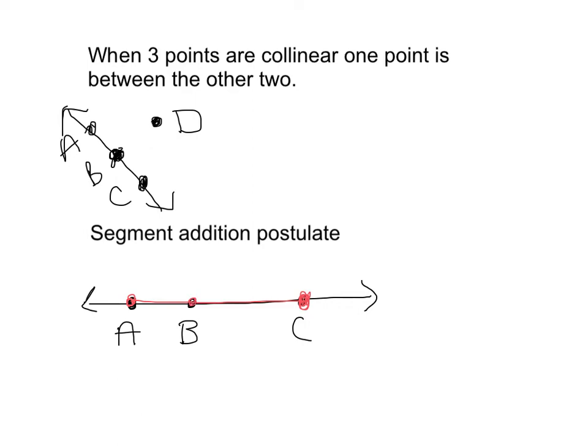Now what this postulate is telling us is that this little piece and this little piece, BC, are going to make the whole segment. So little piece plus little piece equals the whole big piece.